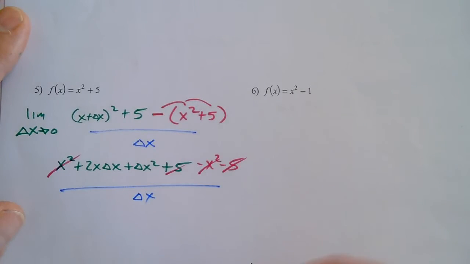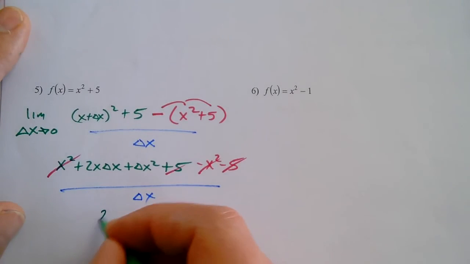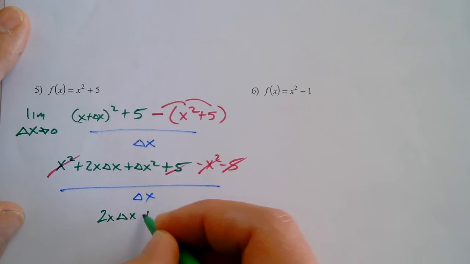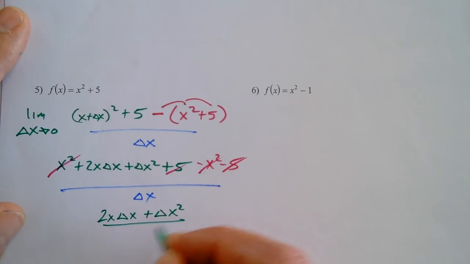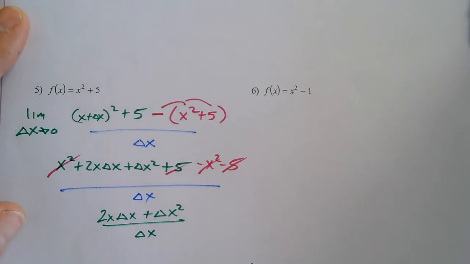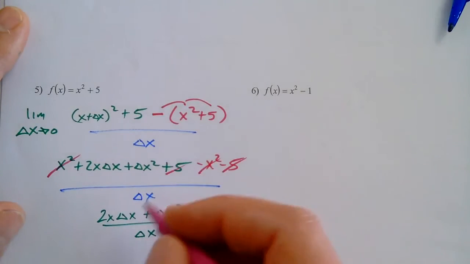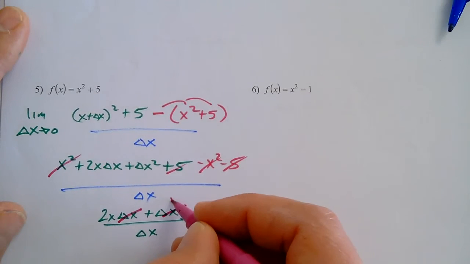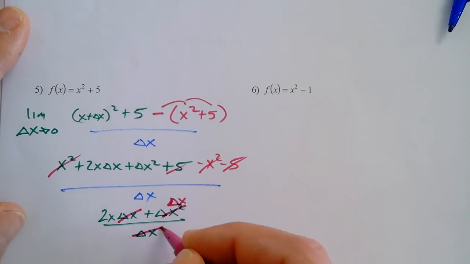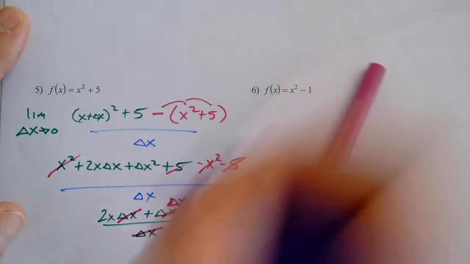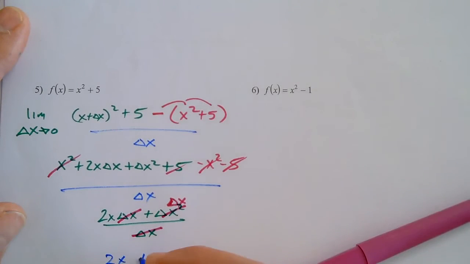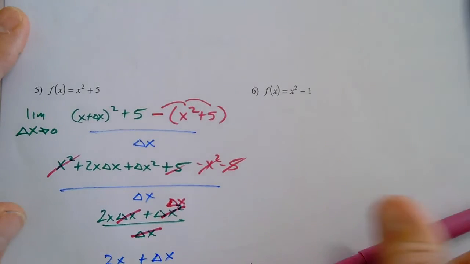Negative 5 and 5 cancel. Now I have 2x delta x plus delta x squared all over delta x. Any questions so far? All of these delta x's are going to reduce by 1. Now what I'm left with is 2x plus delta x.